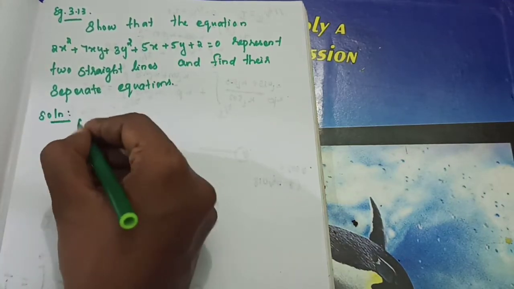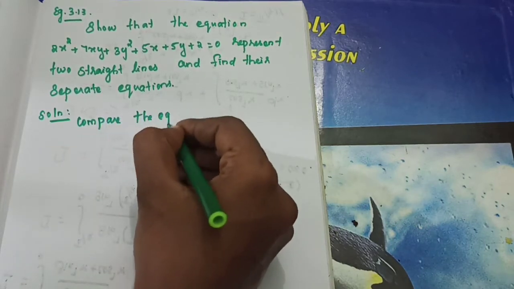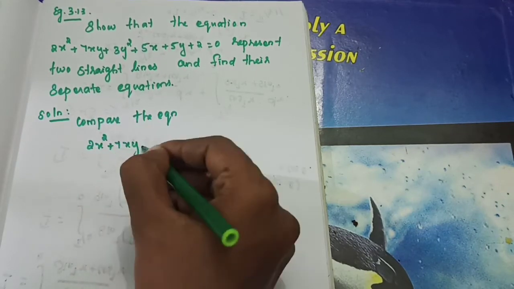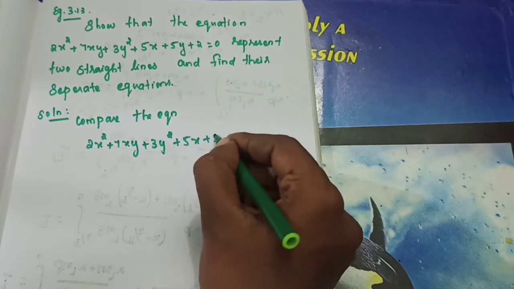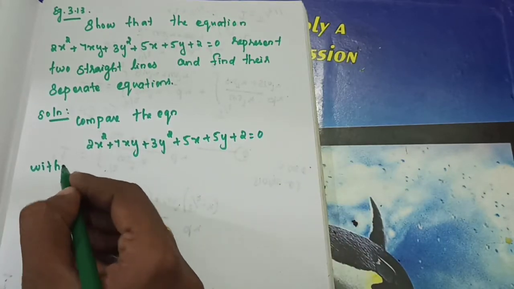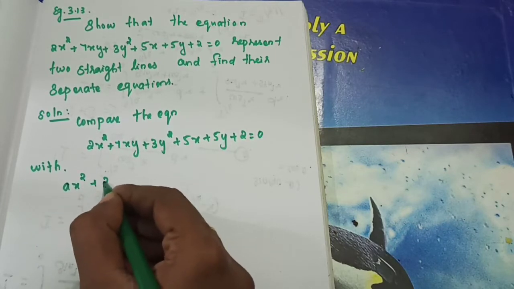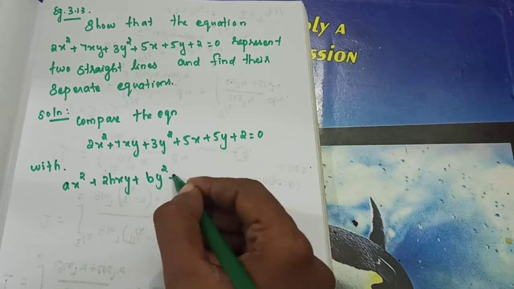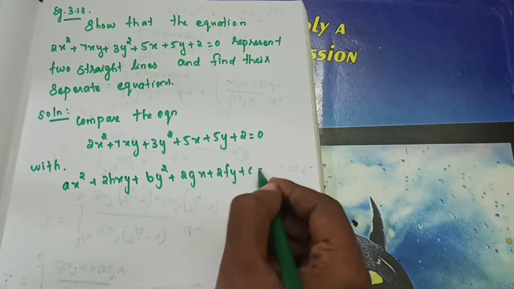Solution. Now you compare the equation 2x square plus 7xy plus 3y square plus 5x plus 5y plus 2 is equal to 0. You need to compare with ax square plus 2hxy plus by square plus 2gx plus 2fy plus c equal to 0.